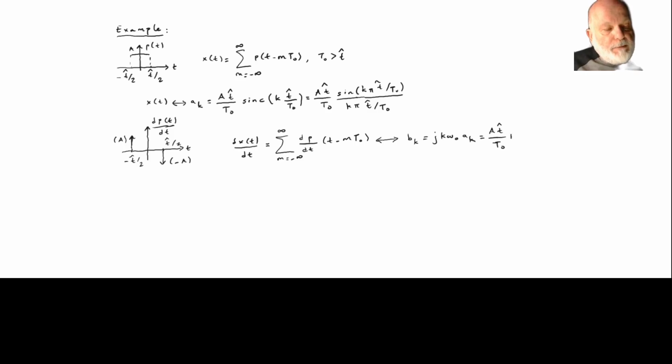So we have the product of jk omega 0 and sine of k pi T cap over T0 divided by k pi T cap over T0.